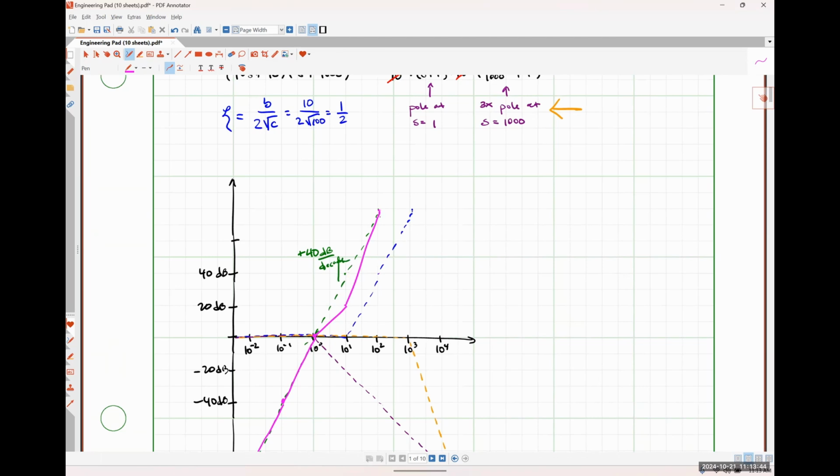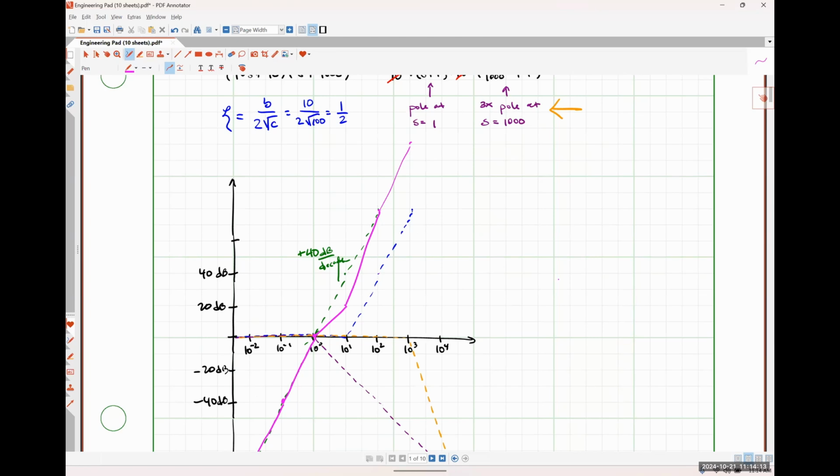So 40, 80, 120 from our green line. 80 from our blue line would be positive 200. Negative 60 from our purple line. So 200 minus 60 is 140. So wherever 140 is, somewhere up in here.